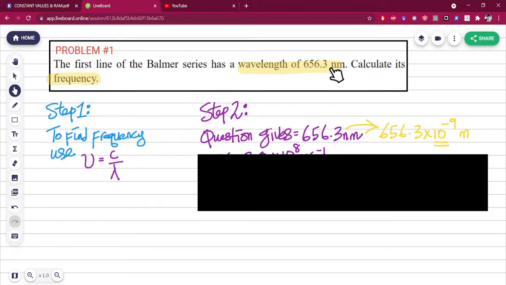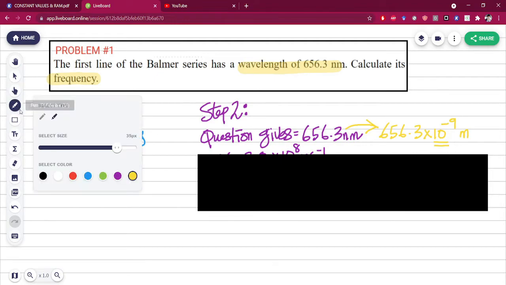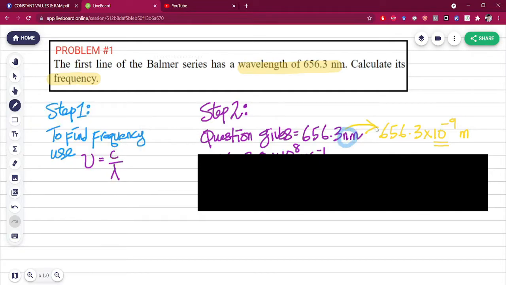When the question gives you the nanometer unit, always change nano into times 10 to the power of -9. I'm going to highlight that in blue for you to remember.